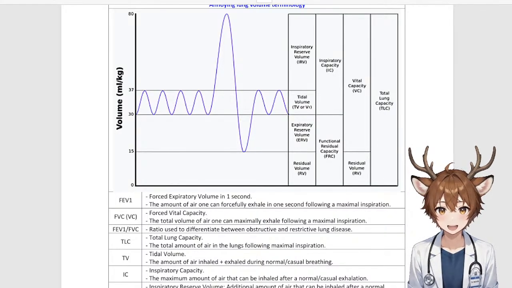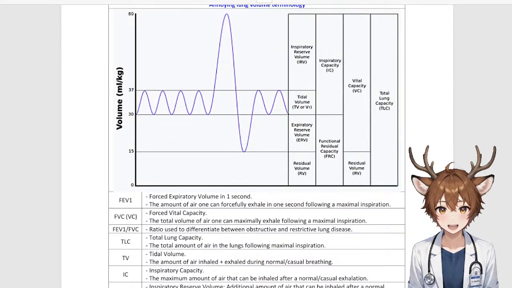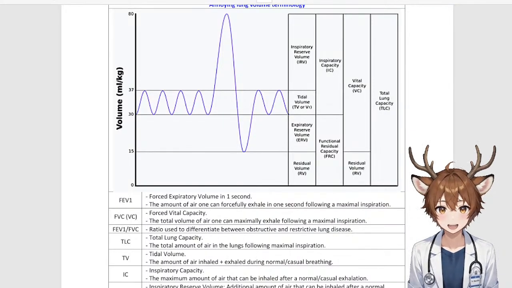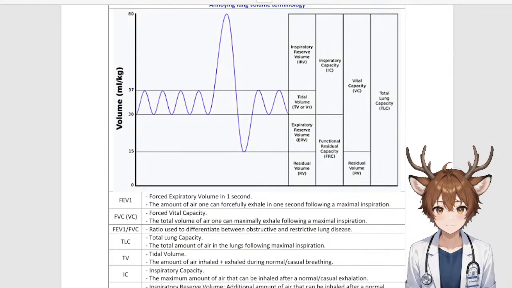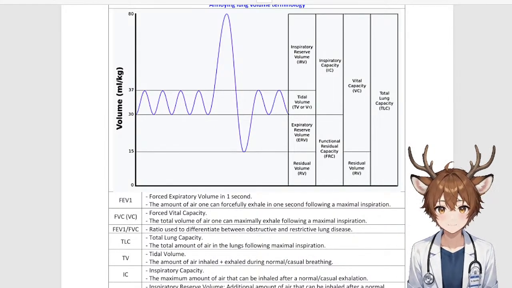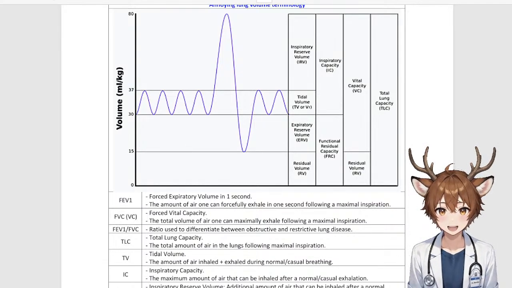So you will have a low FEV1/FVC ratio in the case of an obstructive disease because it's hard to get air out of your lungs. Conversely, for restrictive lung disease, it'll either be normal or elevated, because the FEV1 is not impacted meaningfully, or it could be slightly lower, while the FVC is significantly limited because of the restrictive disease.